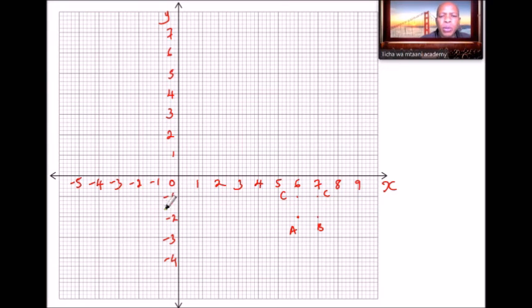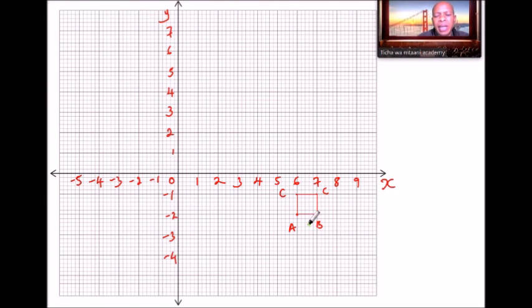So what we do is we join the four points. So this is what we get. That's not very good. Let's try this. We draw that. So let me join the points and come up with a square. So this is the square that you come up with.